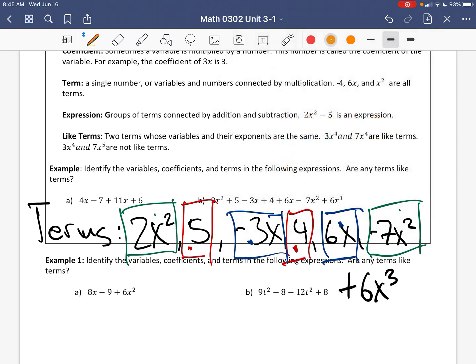For the very last part, we just have the 6 times x raised to the 3. There are no other terms that match up to this, because we don't have anything else that is some coefficient times variable x raised to the exponent 3. So for part B, we identified the variables, coefficients, and the terms, and then we went back through our list to see if any of the terms were like terms. And this is the video for Unit 3, Section 1.